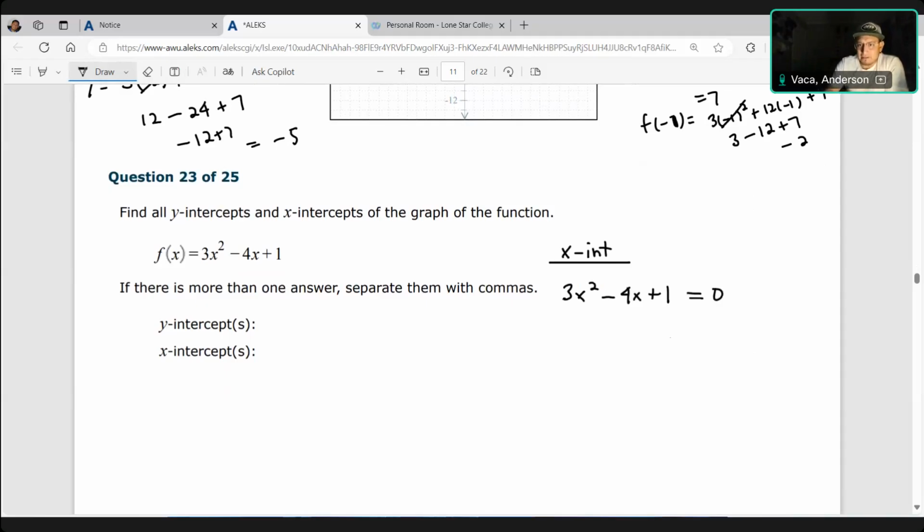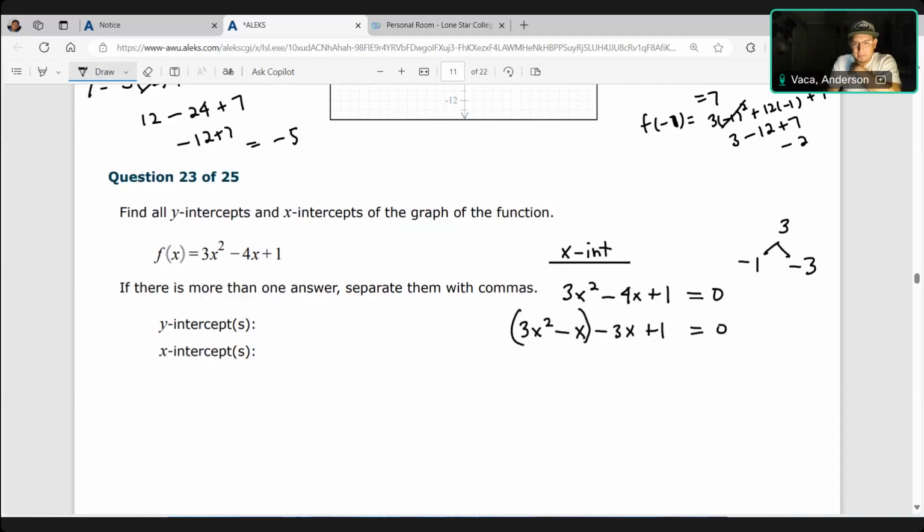This factors. 3 times 1 is 3. And negative 3 and negative 1 will combine to negative 4. Okay, so I'll get 3x squared minus x minus 3x plus 1 is equal to 0.